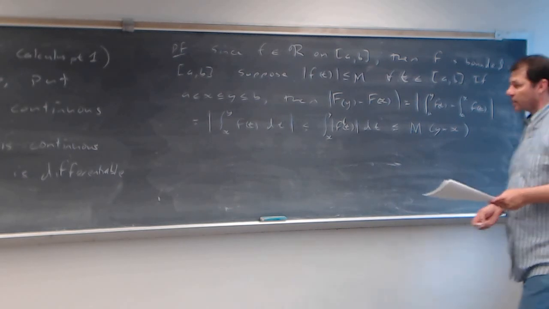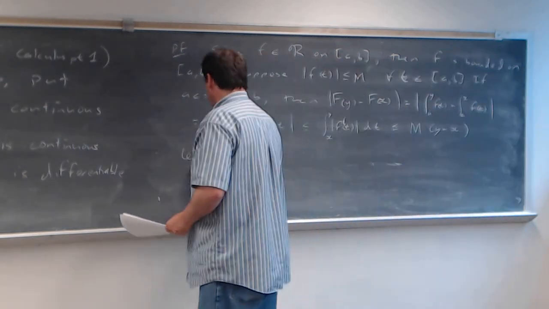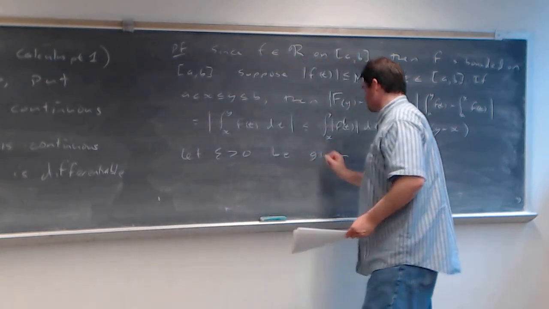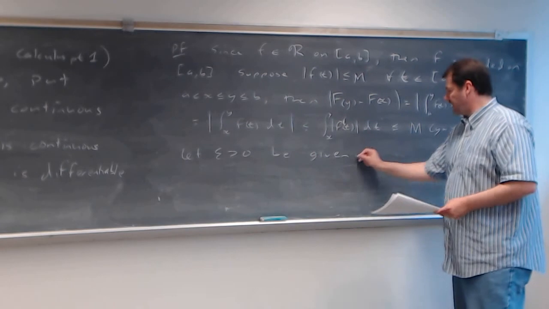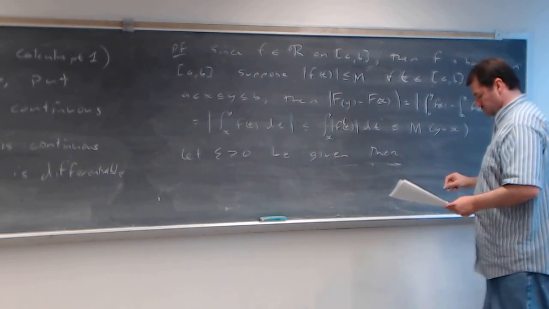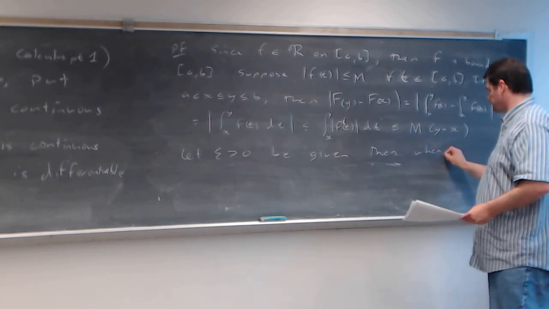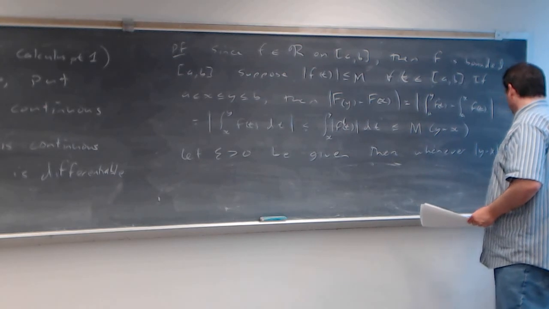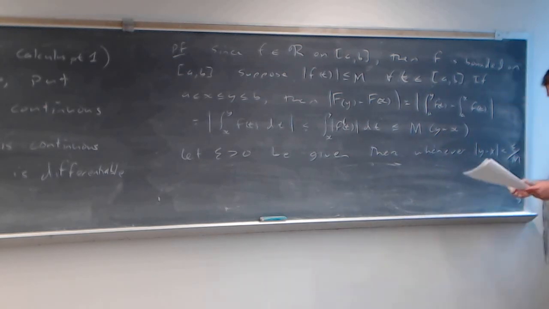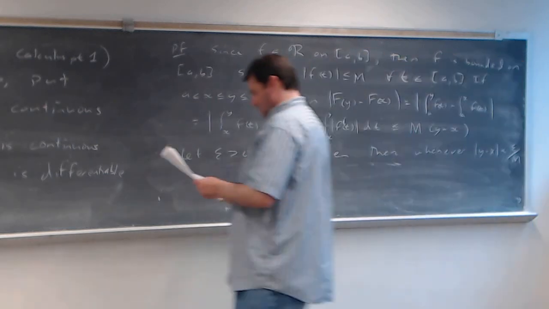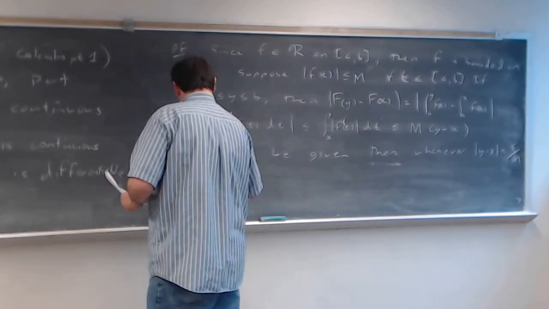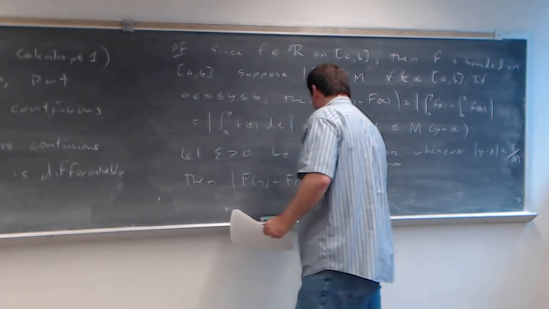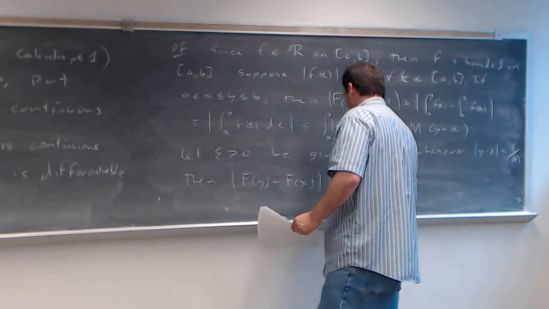Great. Okay, now if we let epsilon be greater than 0 be given, then whenever the absolute value of y minus x is less than epsilon over M, then the absolute value of big F of y minus big F of x will be less than epsilon.